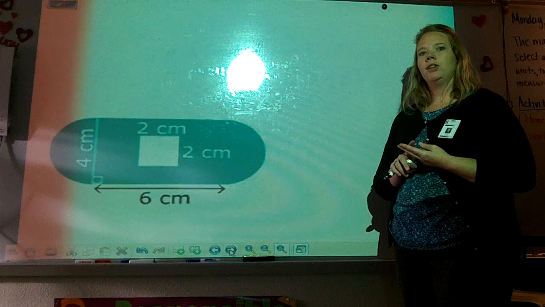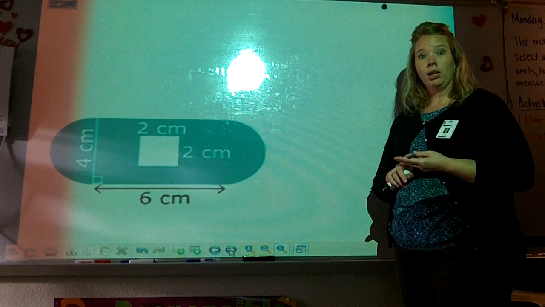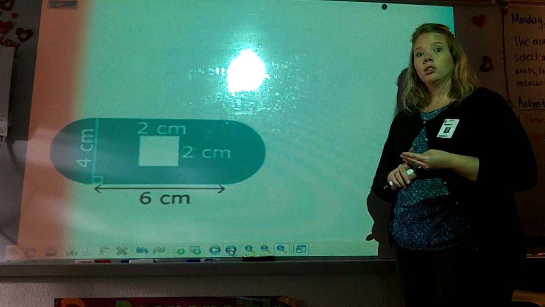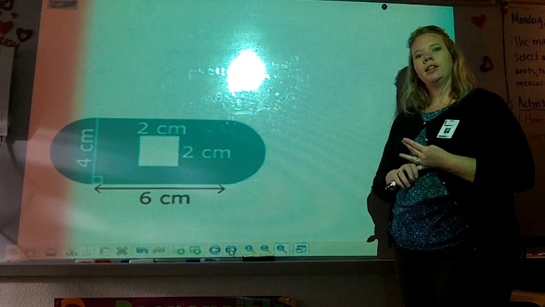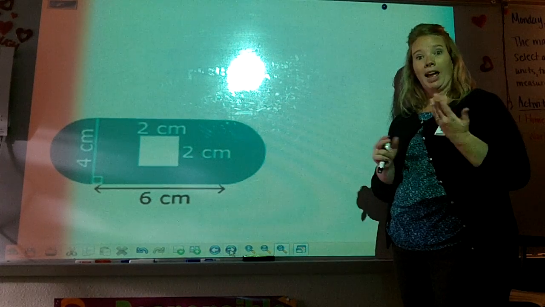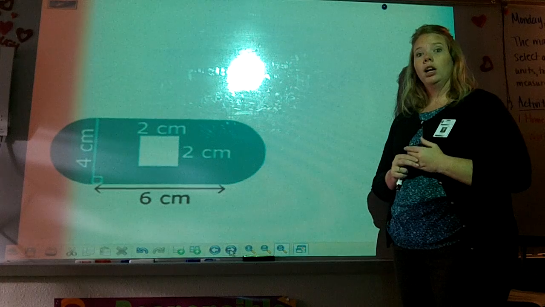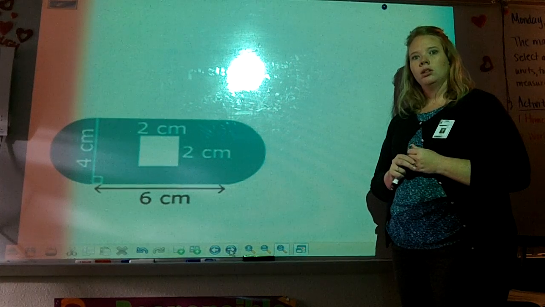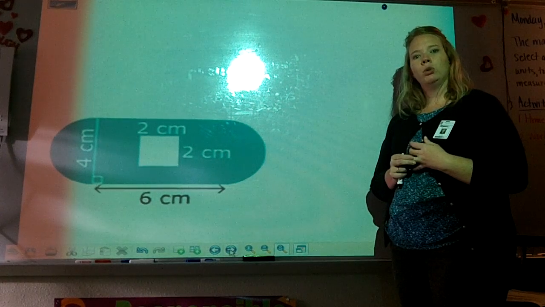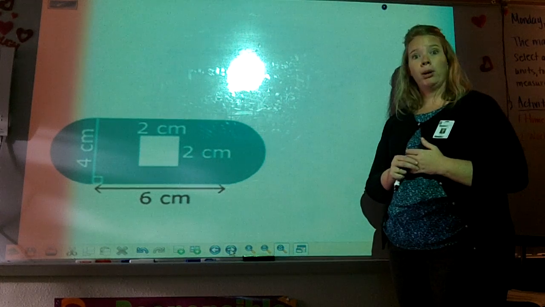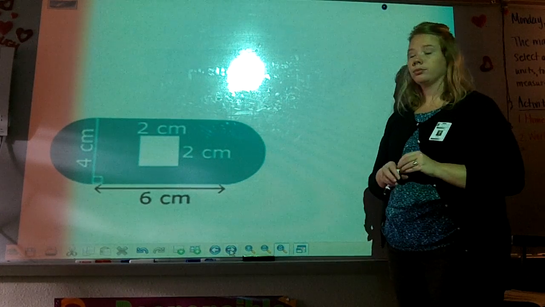Then you need to figure out, are you going to add or subtract those shapes? Use your math chart to find those formulas, and then find the areas of each of those smaller shapes and add them or subtract them. Pause the video now, and when you're finished doing the problem on your own, you may resume the video.